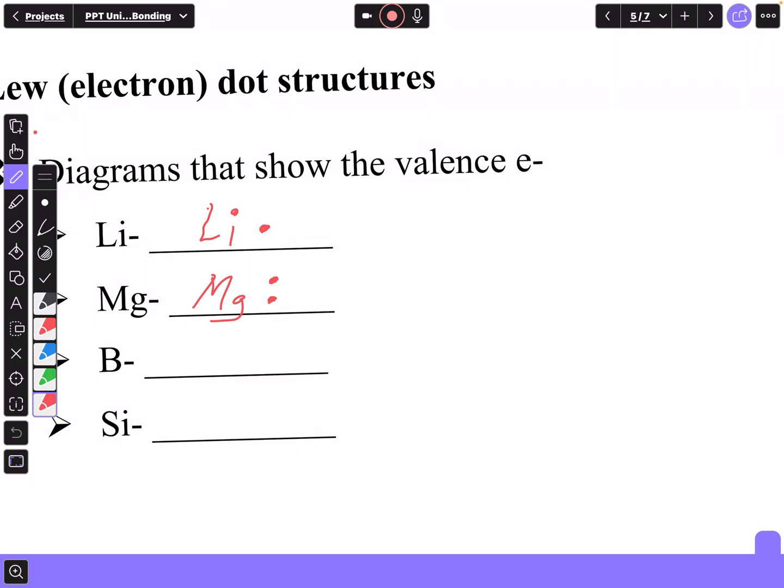Okay, boron is in group 13 or 3A, so it has 3 valence electrons. So I could show those like that. Silicon is in group 4A, so it has 4 valence electrons.